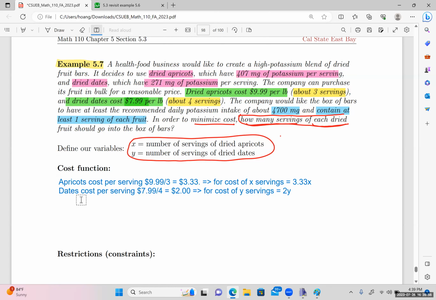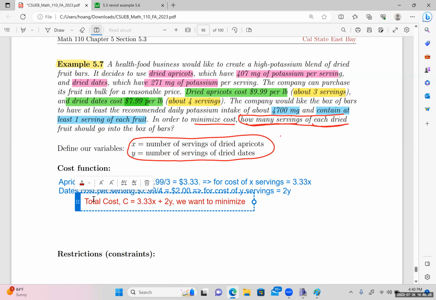So because of that, I will have total cost C equal to 3.33x plus 2y, and we want to minimize the cost.